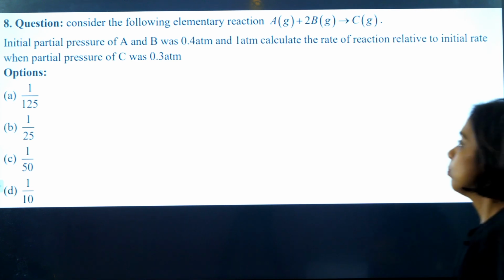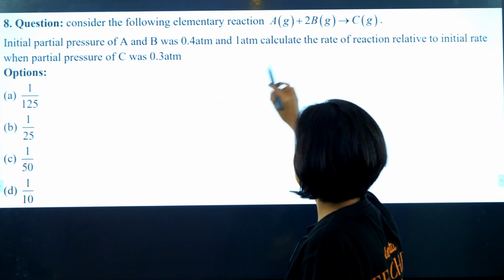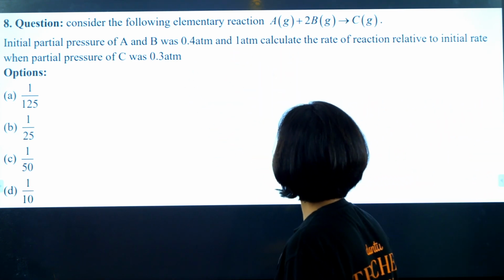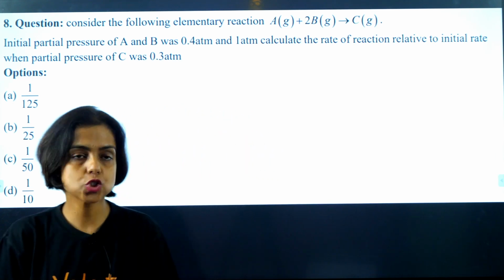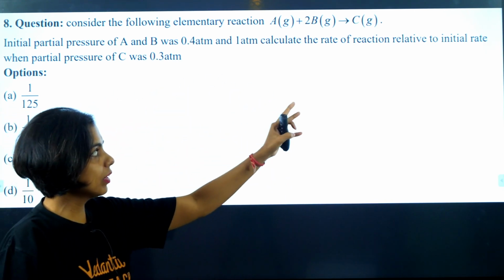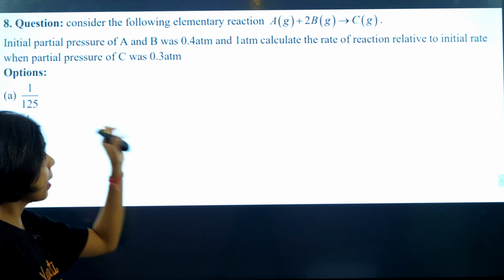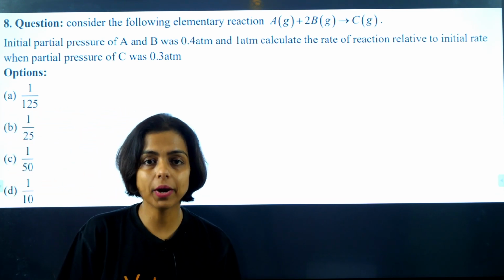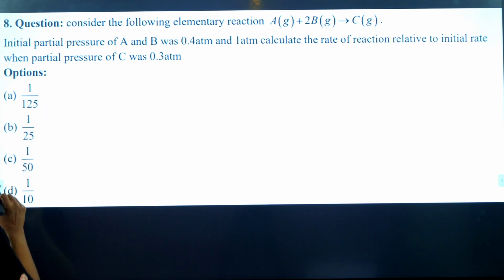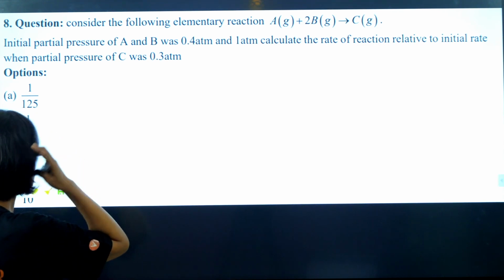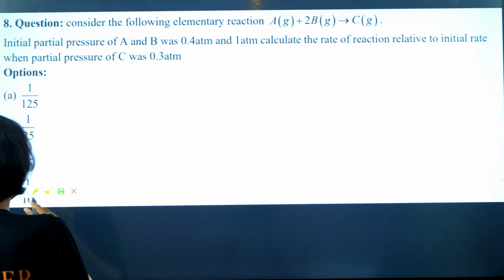Now the next question. Consider the following elementary reaction: A plus 2B gives C. Initial pressures of A and B were given. Calculate the rate of reaction relative to the initial rate when the partial pressure of C was 0.3. So you are supposed to calculate the initial rate and final rate.